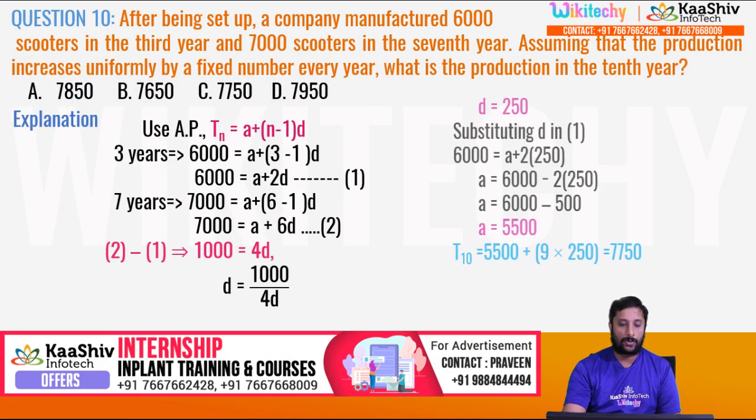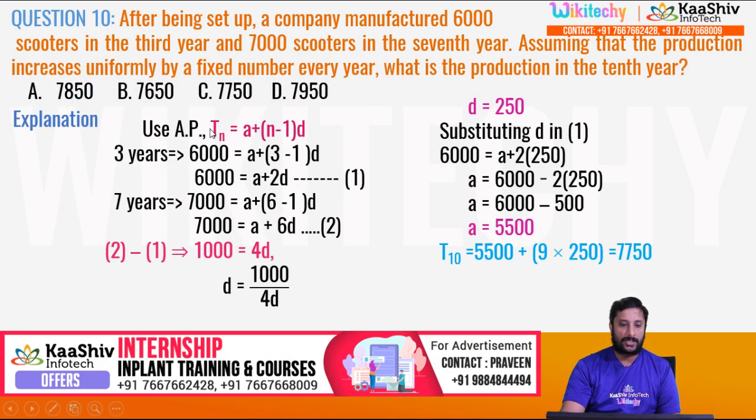Okay, here is the formulation. Arithmetic progression: Tn is equal to a plus n minus 1 into d. So 6,000 is equal to a plus 3 minus 1 into d. You got the first equation. Similarly, 7,000 is equal to a plus 7 minus 1 into d. I got this equation. So subtracting, a gets cancelled.